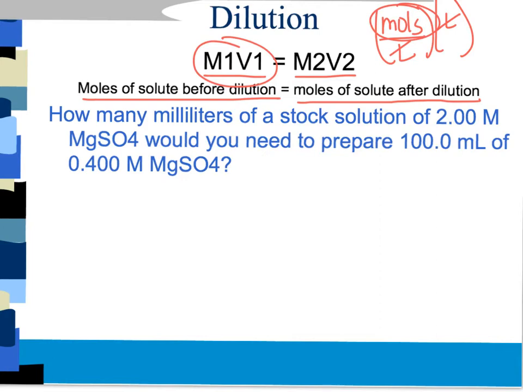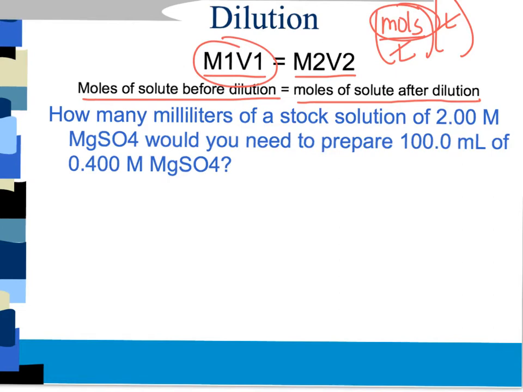It is the solution that is typically of higher concentration. We have stock solutions on our shelves, and those are a higher concentration because they are easy for us to dilute.